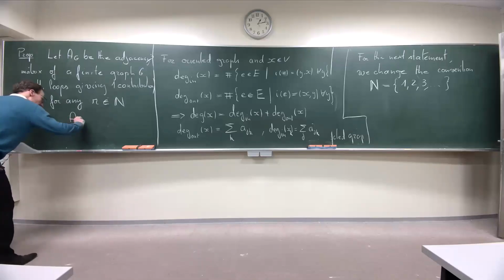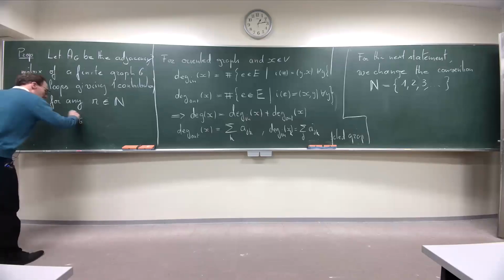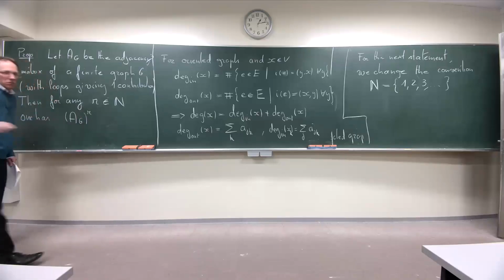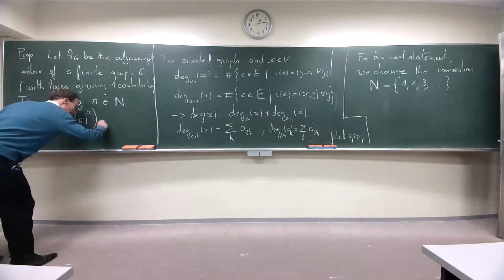I look at this matrix power R. What is matrix power R? You take the matrix and you multiply it by itself R times. And now you understand why I don't want to have 0, because what is a matrix power 0? Now I look at the entry JK of this matrix.